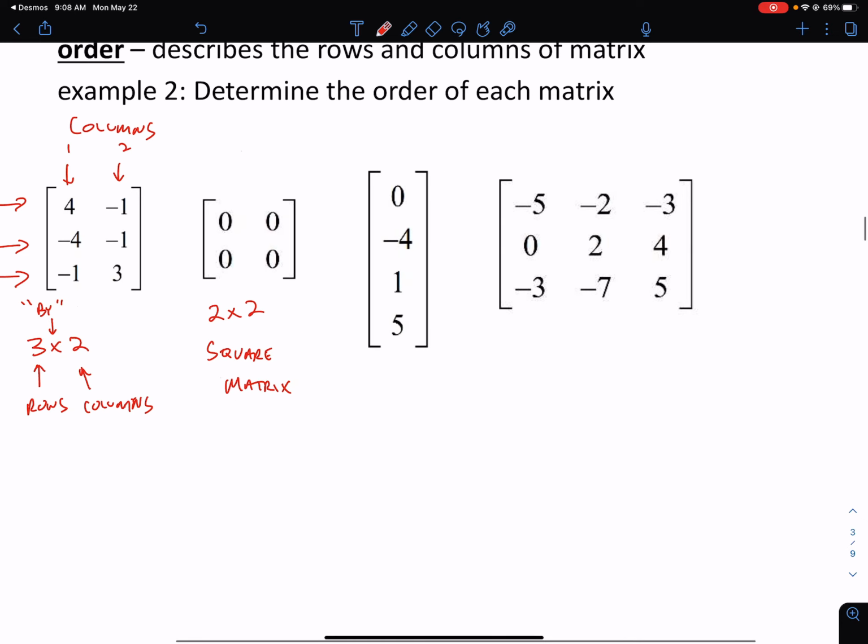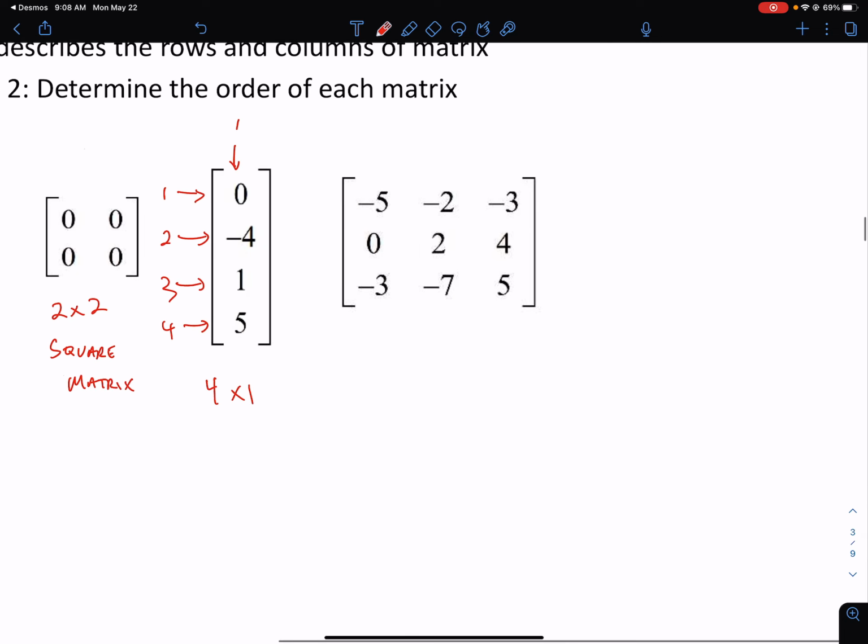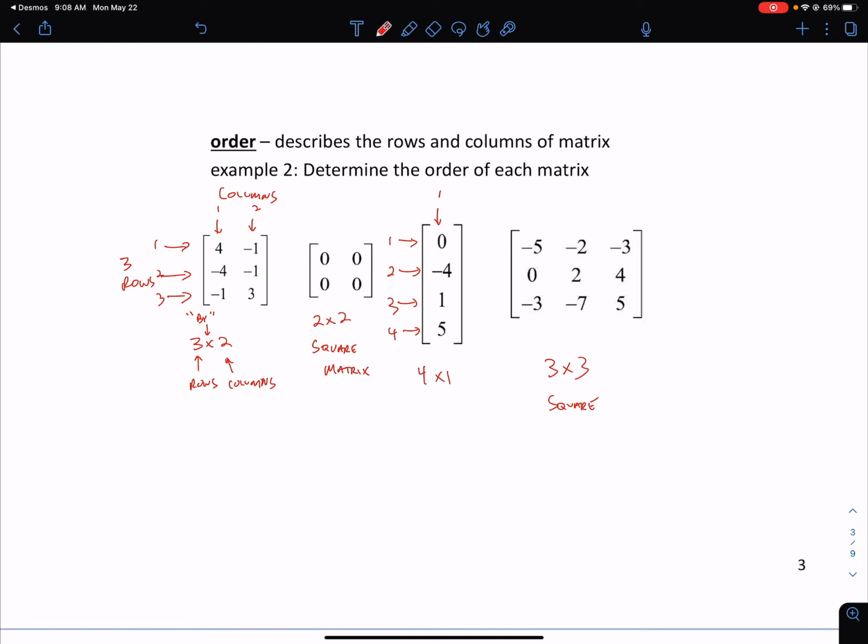All right, this one has 1, 2, 3, 4 rows, but only 1 column. So this is going to be a 4 by 1 matrix. This one here has 3 rows and 3 columns, so that's a 3 by 3 matrix. And remember, we call that a square matrix.